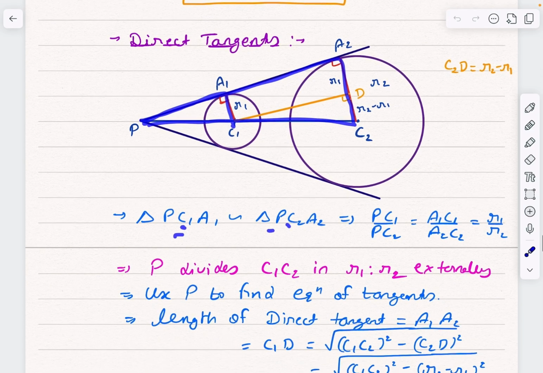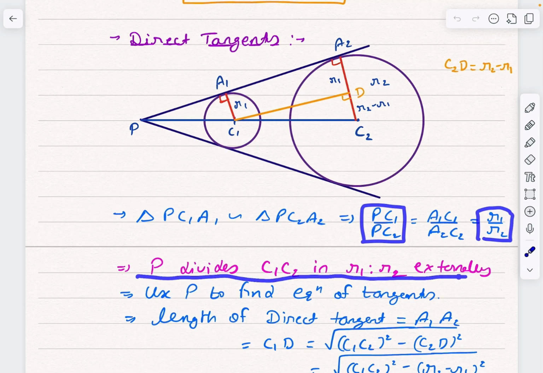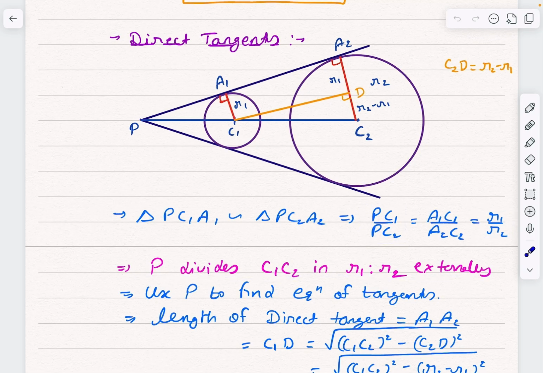If triangles are similar, the ratio of the sides PC1 by PC2 will be equal to A1C1 by A2C2, which is nothing but R1 by R2. A1C1 is R1, A2C2 is R2. So if PC1 by PC2 is equal to R1 by R2, we can say P divides C1C2 in ratio R1 to R2 externally. So we can find the point P. We'll have both the circles. So you can say P is the point which divides C1C2 in ratio R1 to R2 externally.